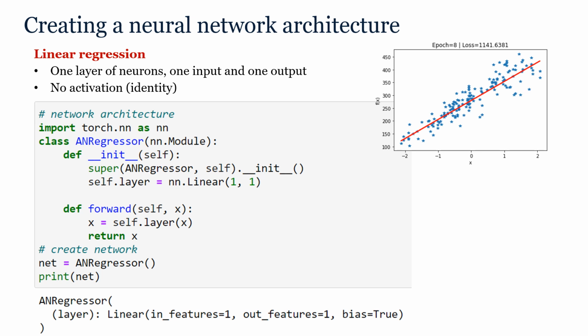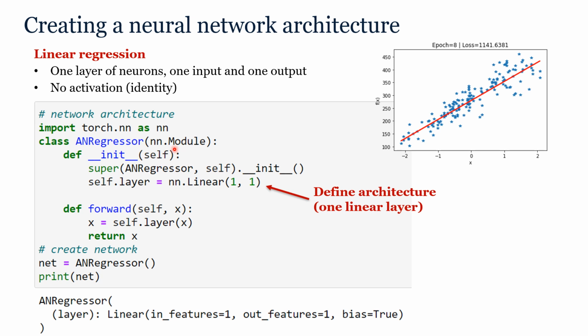We will now show how we can create a neural network in Pytorch. The simplest neural network will consist of only one neuron and identity activation function, which does not require implementation. Such setup will give us a simple linear regression. We will create a network class that we will call Artificial Neuron Regressor or AN Regressor.